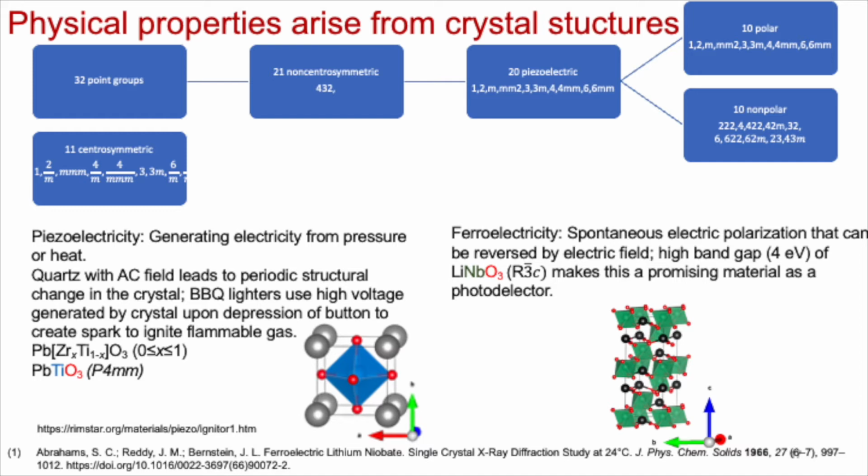So it's all relative, what is huge and what application you're using it for. But because it can generate this electric polarization, it's also used as a good material for a photodetector, beyond just a good coating material for cathodes and increasing cycle life.